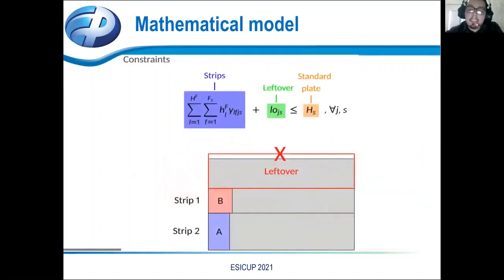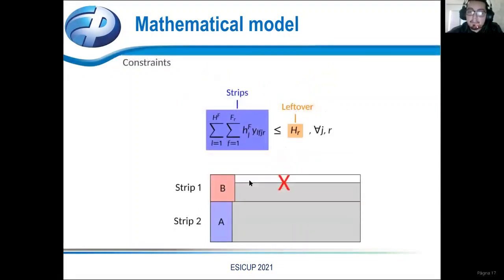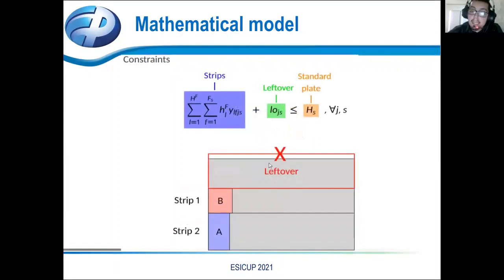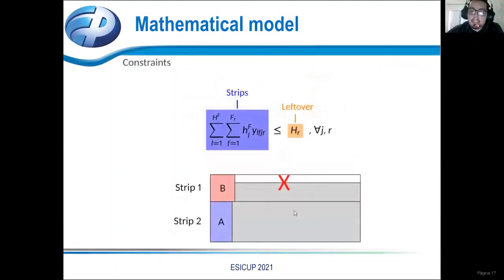So the constraints, we have a set of constraints that guarantees that the size of the plates is not exceeded by height. Okay, so the height of strips and the leftovers cannot be higher than the height of the plate. Okay, we need two different constraints for standard plates that can generate a leftover, and a leftover that cannot generate another leftover.